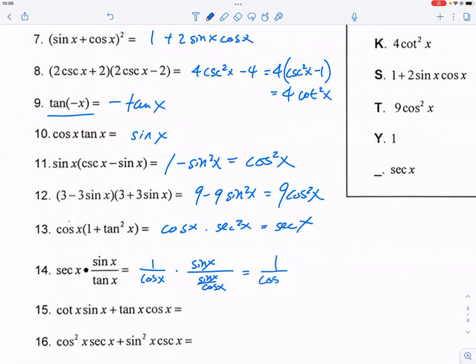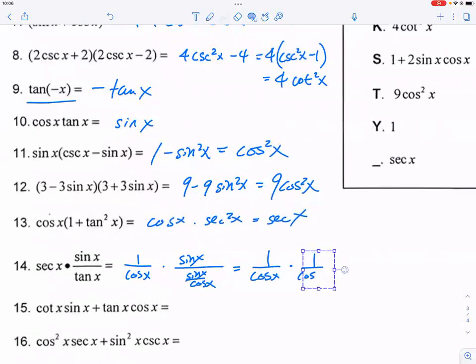And then I have 1 over cosine x times 1 over cosine x. No, sorry, no. That's actually cosine x. So that's equal to 1.